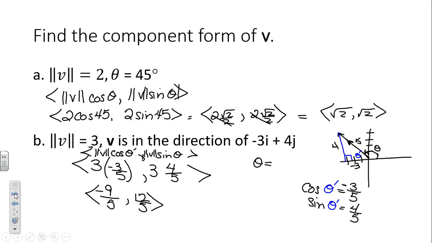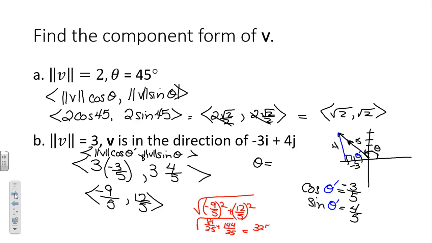We would simply take this squared plus this squared under the radical, right? What is 9/5 squared? 81/25. 12/5 squared is 144/25, for a total of 325/25.